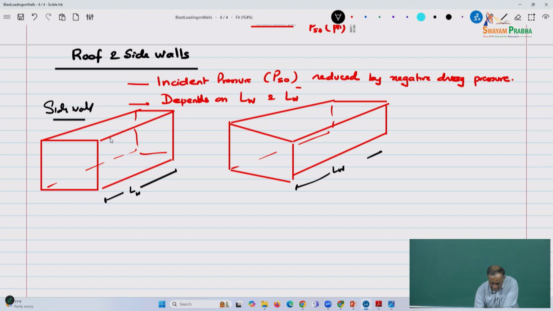Now on the side wall, you will have a certain PSO1 here, and at this point you will have a certain PSO, let's say PSOF and PSOB. Why? Because of the standoff difference, and it can be quite a large drop, but that's your choice of what you want to design it for.